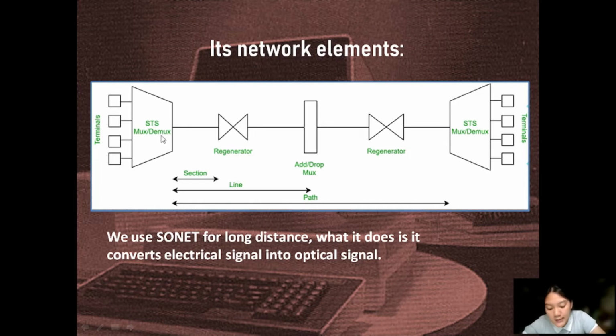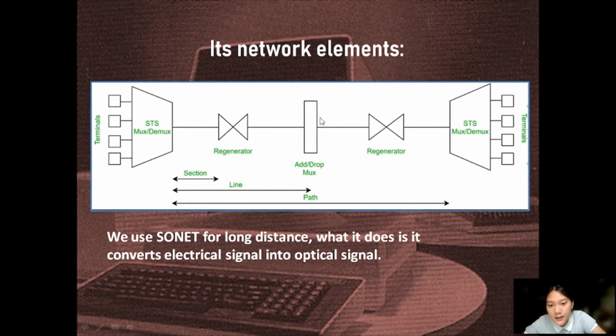So this multiplexes the signals by the process of converting electrical signal to optical signal, and then it is moved into the regenerator. The regenerator is a repeater that takes the optical signal that was multiplexed by our STS MUX and regenerates the signal by increasing the strength.